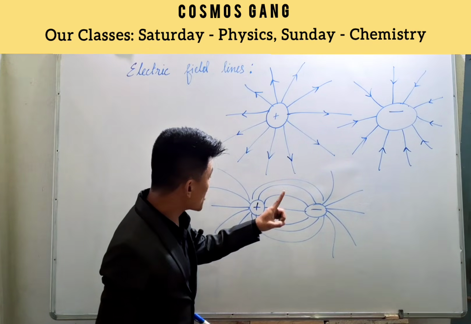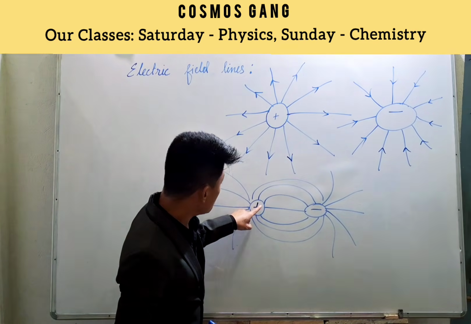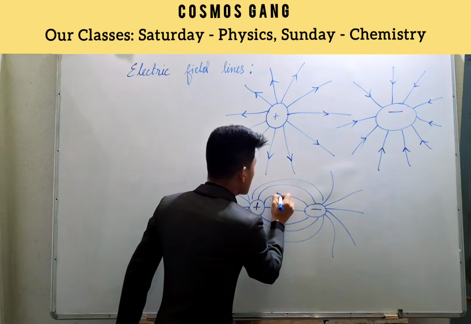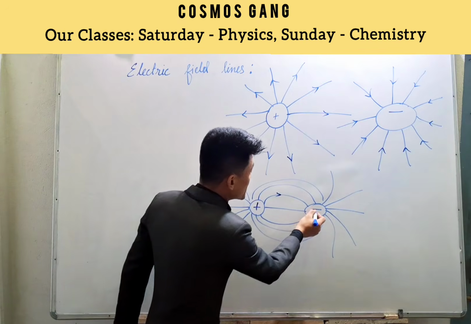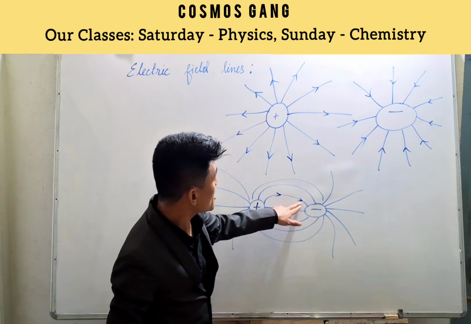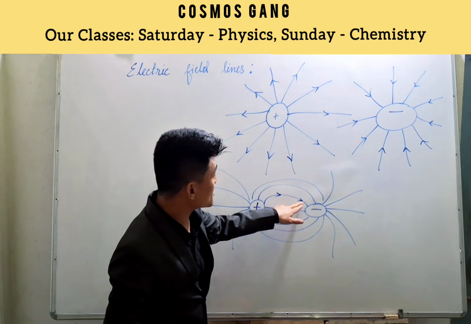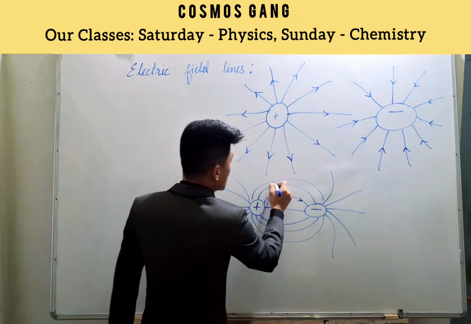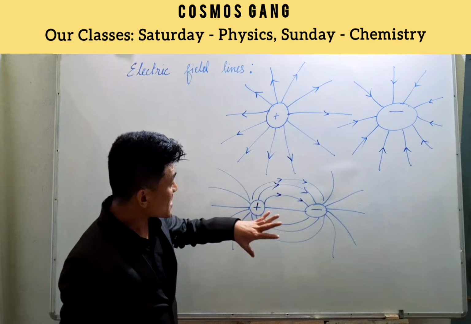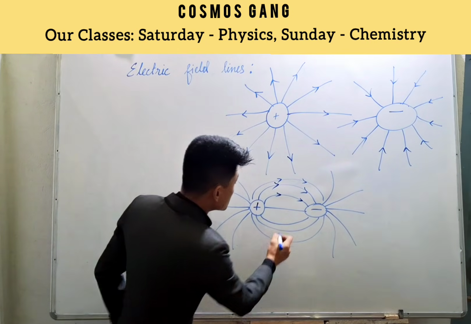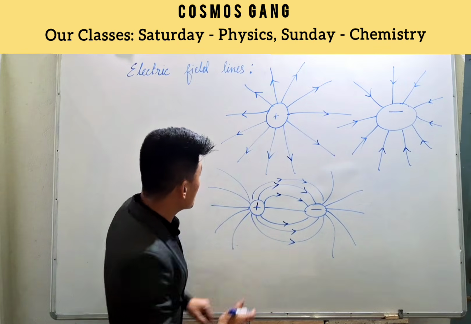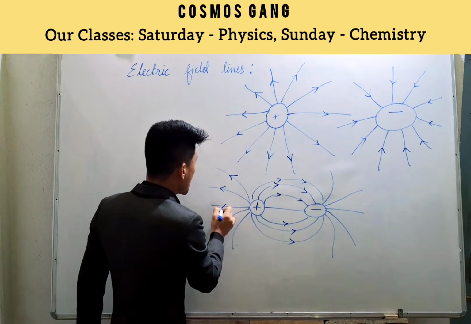Similarly, I can draw field lines between a positive and a negative charge. I know that my direction for the electric field for a positive charge will be directed outward, whereas for the negative charge it is directed inward. So, as I said, these lines represent my electric field lines between a positive and a negative charge.